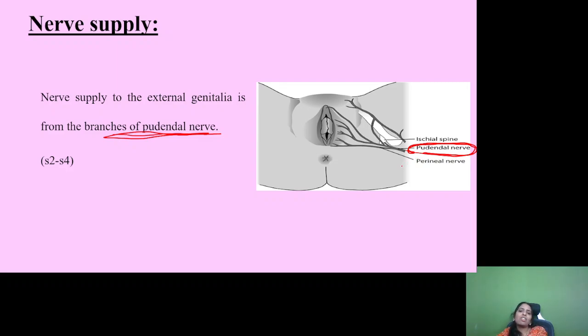So the arterial supply is the internal and external pudendal arteries, lymph drainage is to the inguinal lymph nodes, and for the clitoris it is special, the lymph node of Cloquet or Rosenmuller, and the nerve supply is similar, the pudendal nerves S2 to S4.